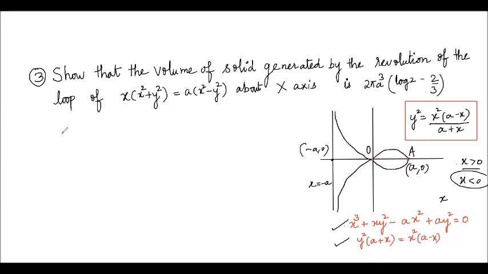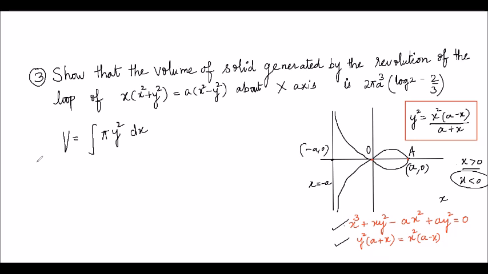So let us use the formula of volume which we have for the Cartesian curves, and when the axis of revolution is x-axis. The area is bounded between curve and x-axis. Formula is pi y square dx, and we need the limits.